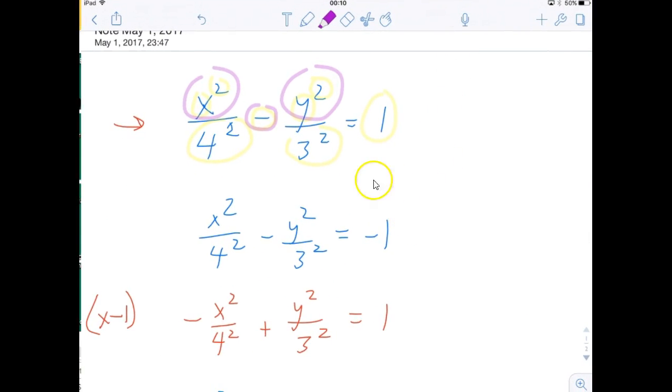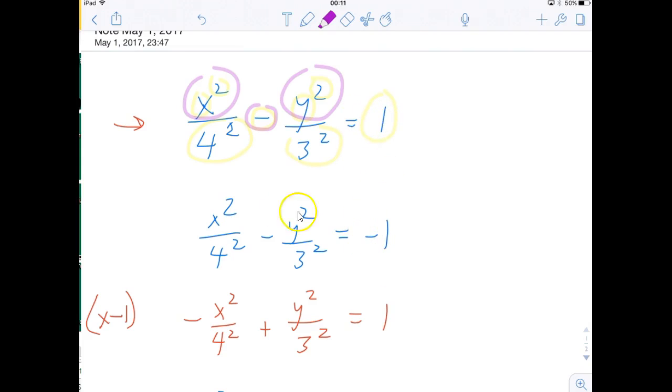Now, one more thing about the equations. There is a variation which you might see. On the right side, instead of seeing a positive 1, you might see a -1. The reason is that this is a sideways hyperbola. Let's see how that works. If you have a -1 on the right side, how could we make it a positive 1?